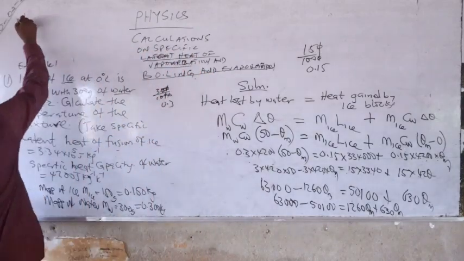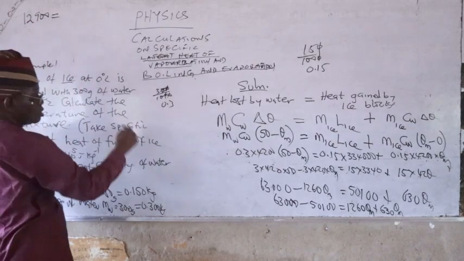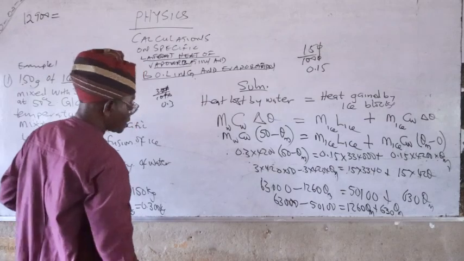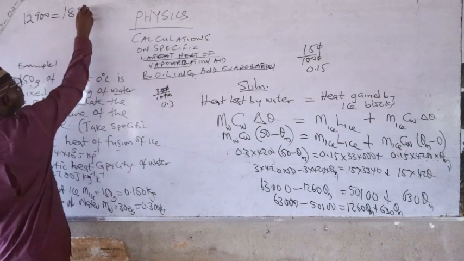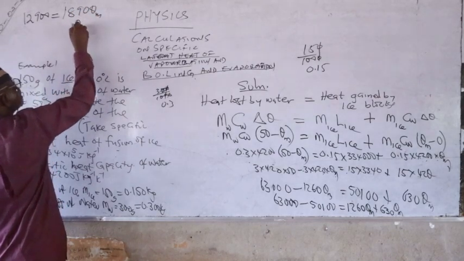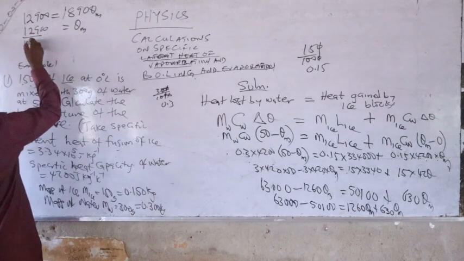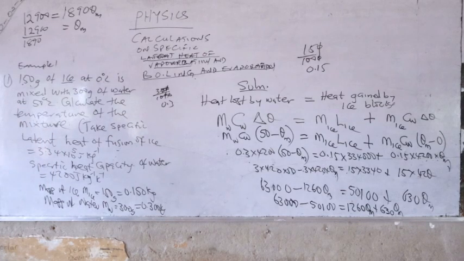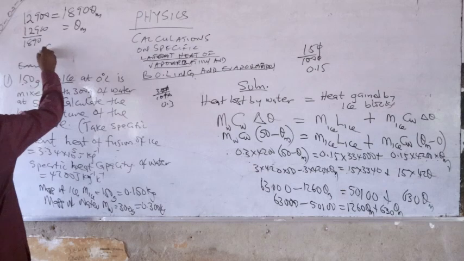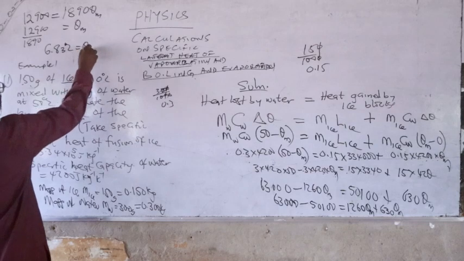Good of you. 12,900 equals 1,890 theta m. Therefore, theta m will become 12,900 all over 1,890. So what do you have? 6.83 degrees Celsius. That's the answer.